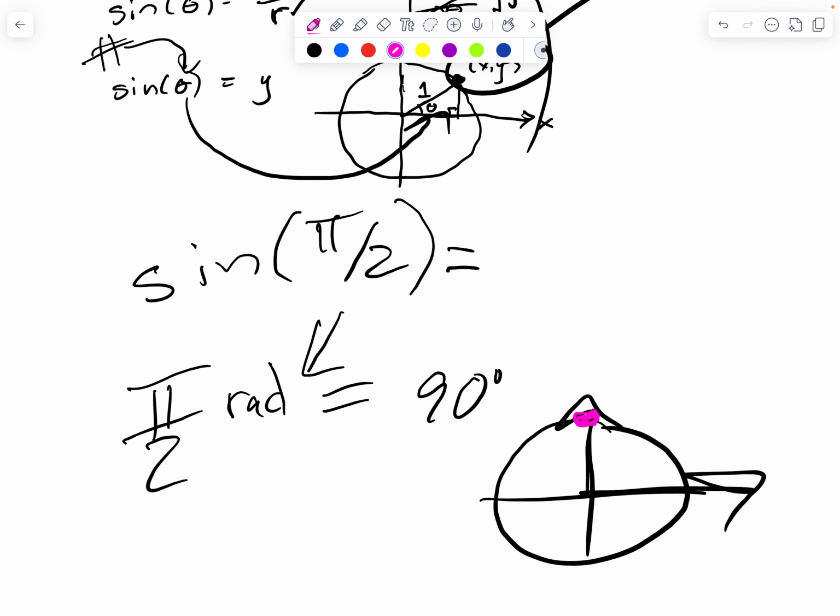The y value here is 1, because again, it's a circle of radius 1. That coordinate is (0, 1) right there. This is 90 degrees. So what is the y value? 1. So instead of adding an infinite number of numbers up, think of that as an angle, look for your y value, and boom, there it is.